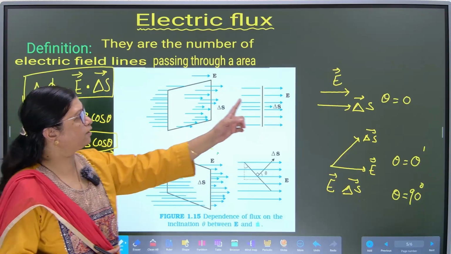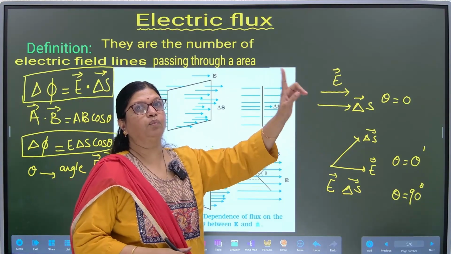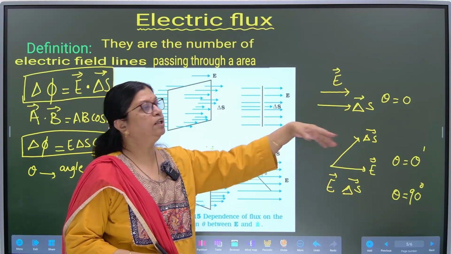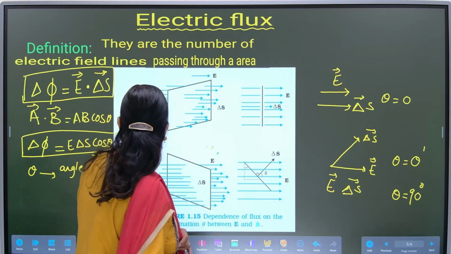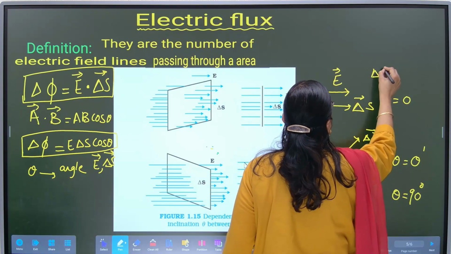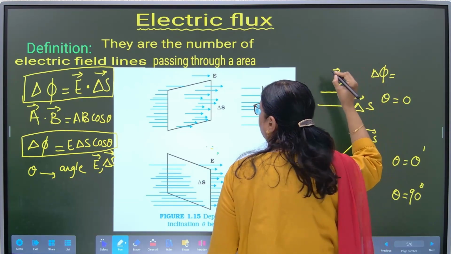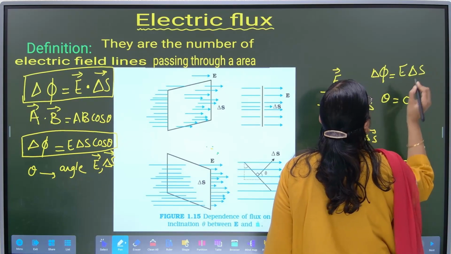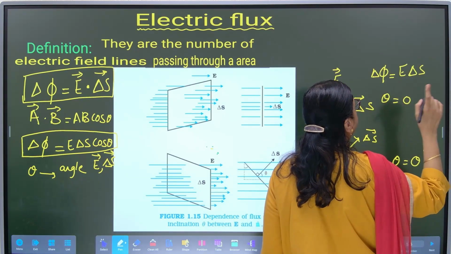Now coming back to the angle, what is the angle in this case? Theta is equal to 0. So if theta is equal to 0, then what should I write? Delta phi is equal to E delta S cos 0. Cos 0 is 1.